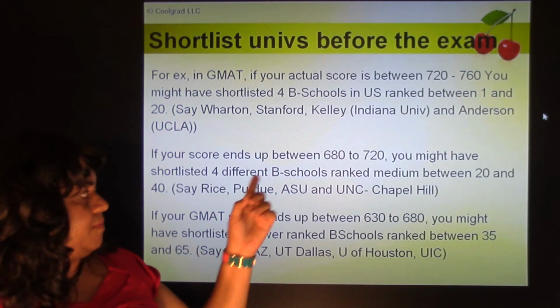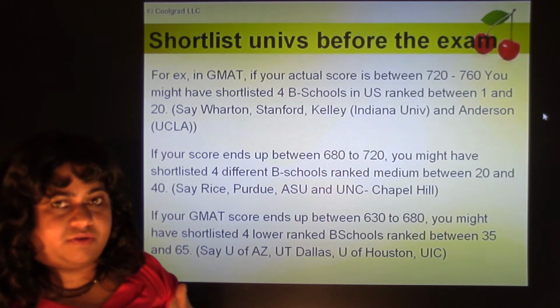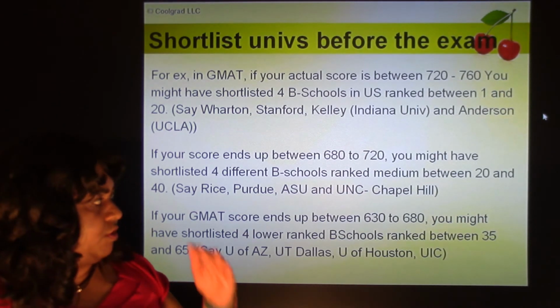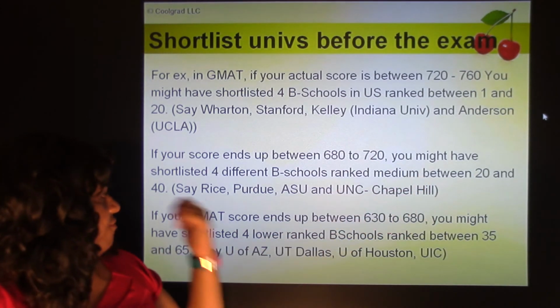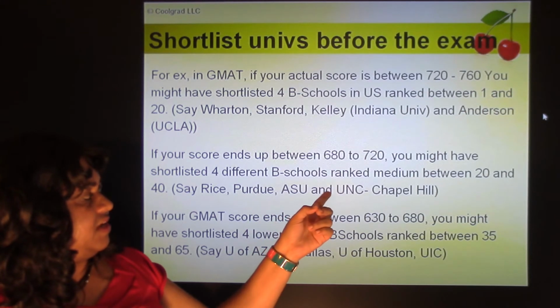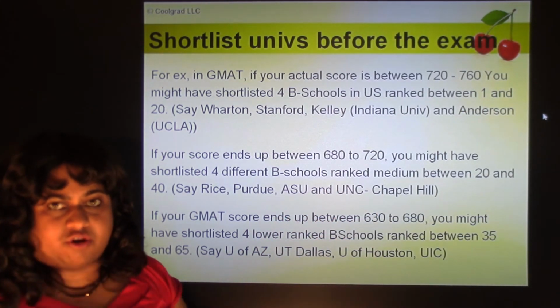And then if your score ends up between say 680 to 720, you want to think about which schools you have a great chance of getting admission. So maybe you want to think about slightly lower ranked universities, like business schools ranked between 20 and 40. Say Rice, Purdue, Arizona State University, and University of North Carolina, Chapel Hill. So these might be the 4 you shortlisted.